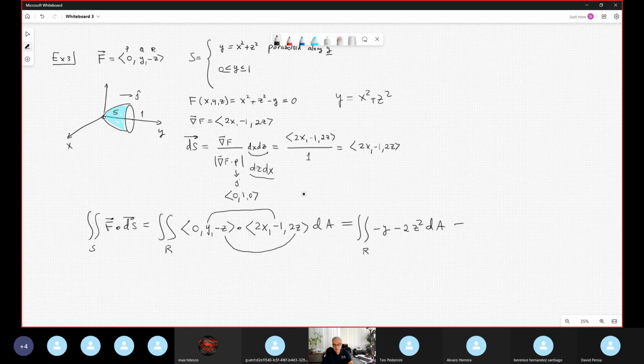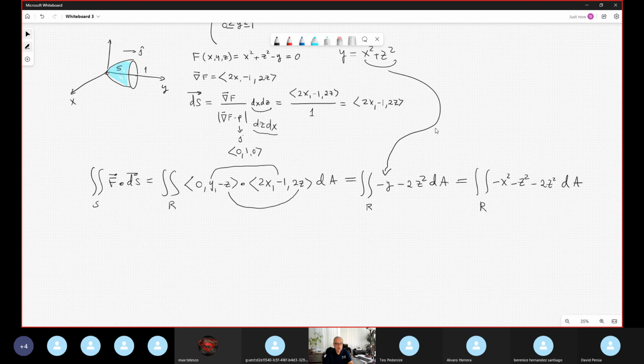So now my problem is the double integral in the region R of minus x squared minus z squared minus 2z squared. Do you see that? The only thing I did was substitution here, and this minus of course affects everything. Therefore, my double integral is minus x squared minus 3z squared.